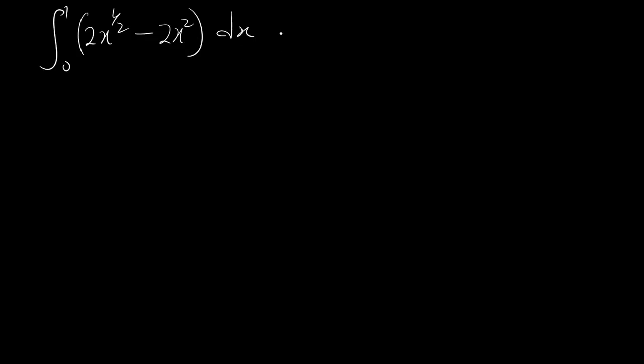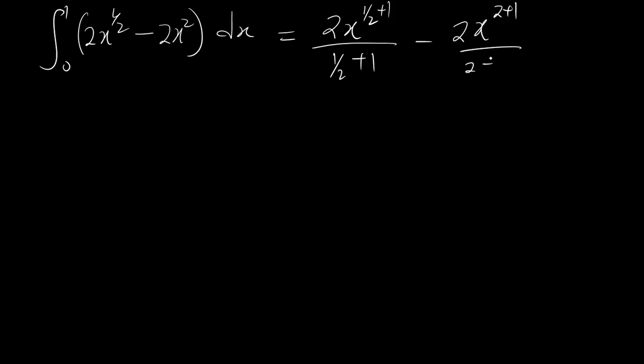So if we integrate this, you have 2x raised to power 1 all over 2 plus 1 divided by 1 all over 2 plus 1 minus 2x raised to power 2 plus 1 divided by 2 plus 1. This is 1 and then 0.